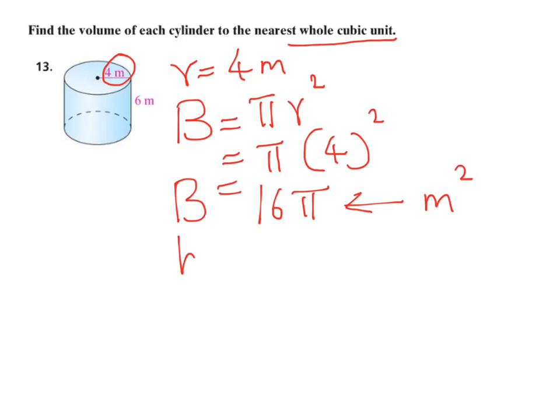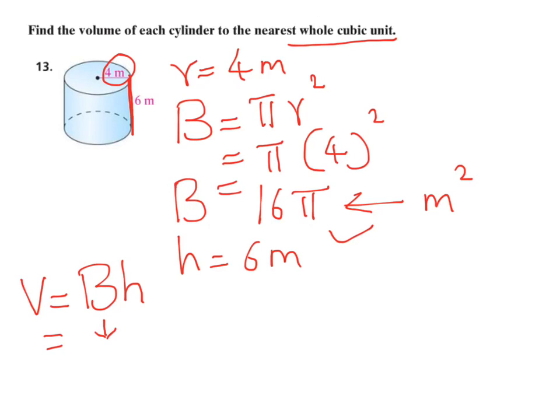What is the height of the cylinder? It is 6 meters. And what is the formula to find the volume of a cylinder? BH. And what is the area of the base? We found out to be 16 pi times what is the height of the cylinder? 6.